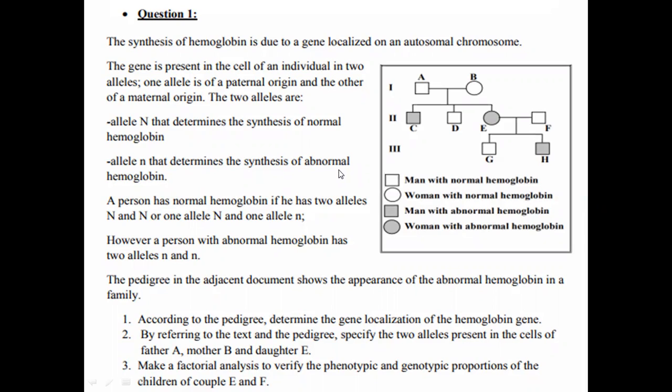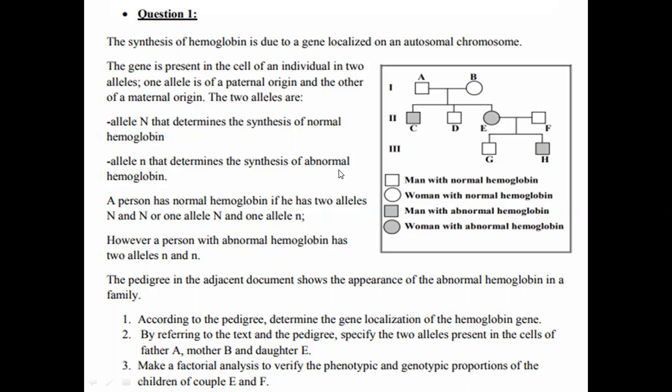Because maybe you are writing quickly, you write the capital like the small, and you lose the whole question. So try as much as you can to avoid using the same letter for the dominant and recessive.